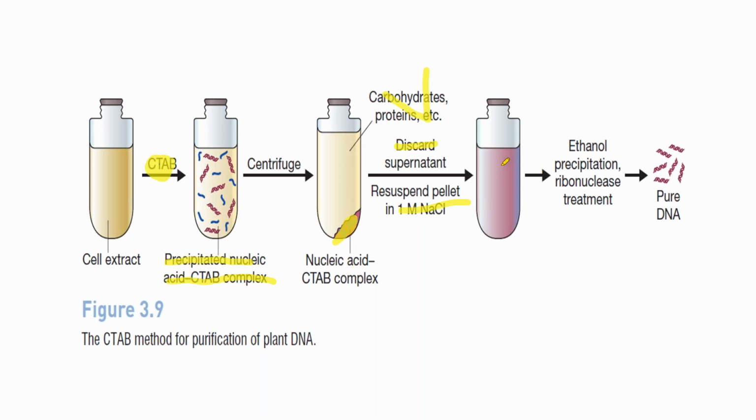And finally, the free nucleic acid, the purest form, is precipitated by means of absolute ethanol precipitation. And any RNA contamination is removed by ribonuclease treatment. Finally, we are getting pure DNA in the Eppendorf tube. This is what we are doing in the case of plant DNA preparation.